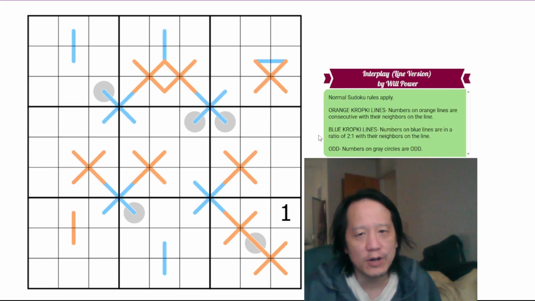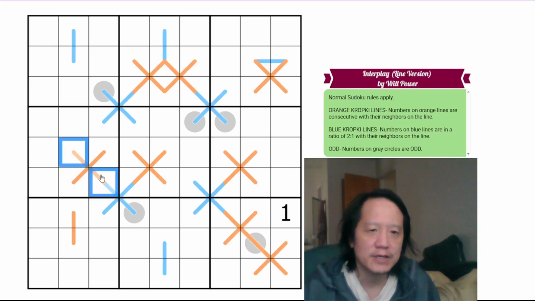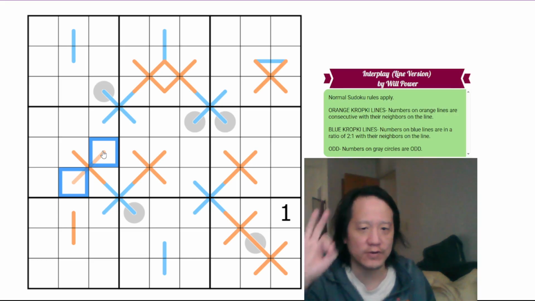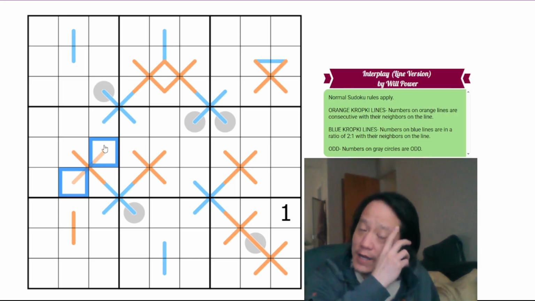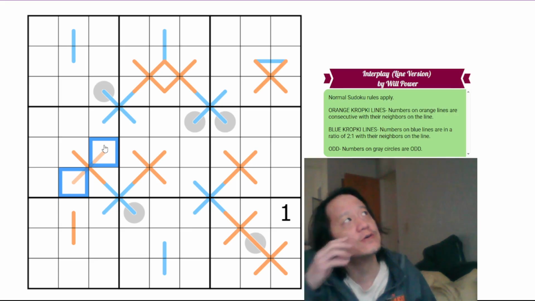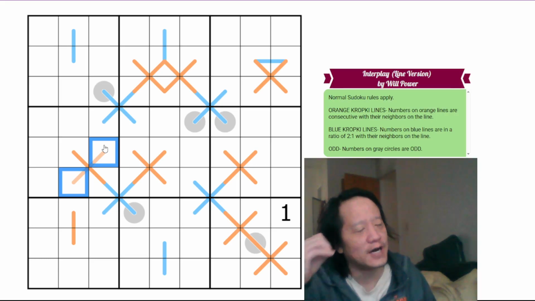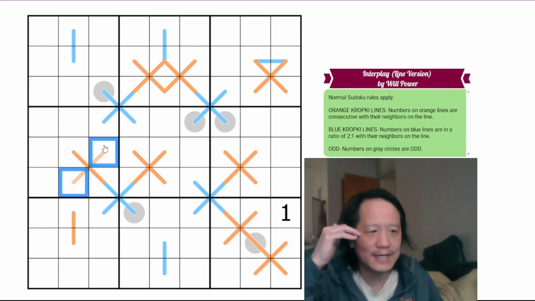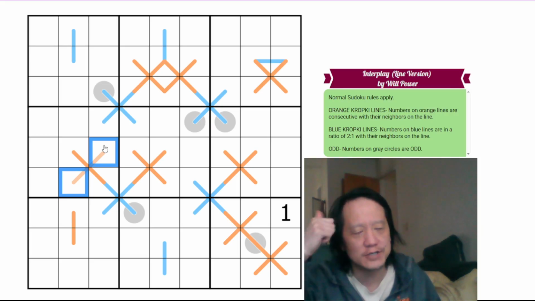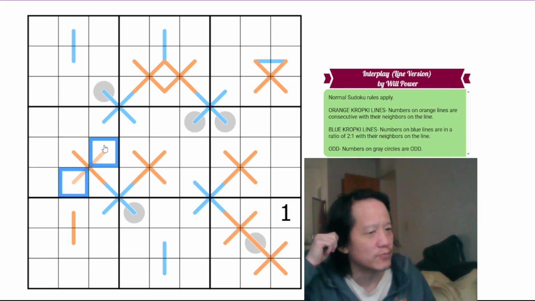Versus if you have the Kropke lines, you can just say numbers on orange lines are consecutive with their neighbors on the line. It's very clean. That's why I think I prefer the line version, even though the dot version is cleaner in a sense. It's harder to understand, and also harder to spot what's going on.